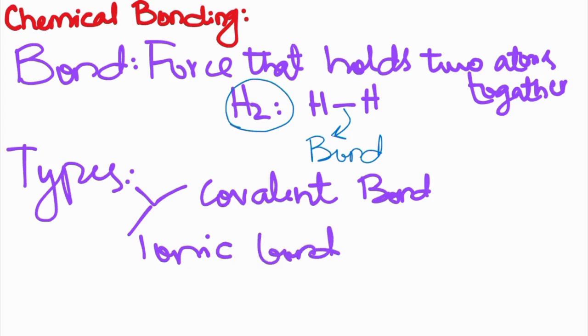Both of these bondings are aimed at connecting the atoms, but the difference between these two types is that there is a different concept lying behind the two types of bondings.